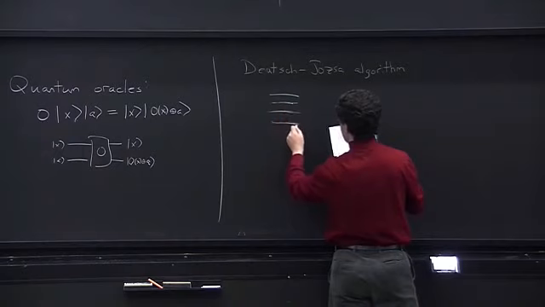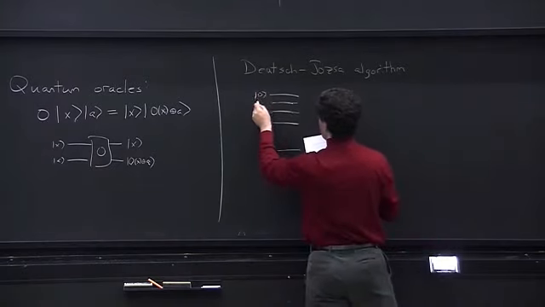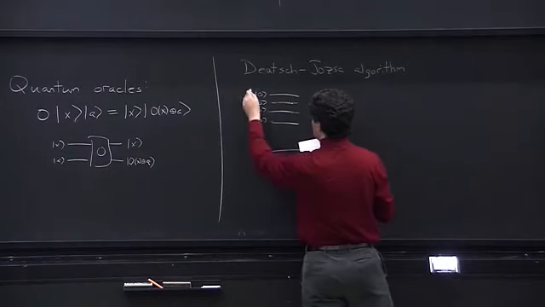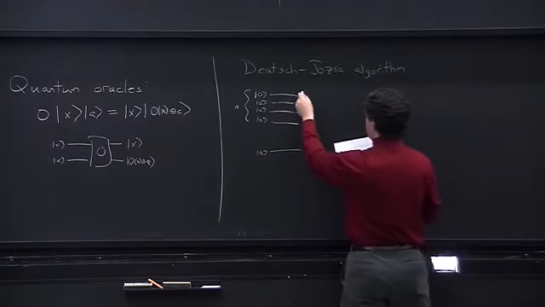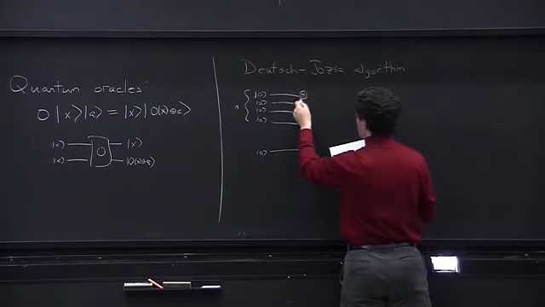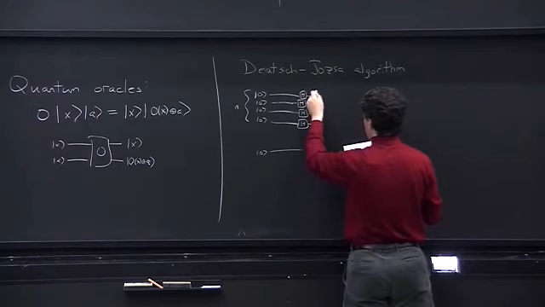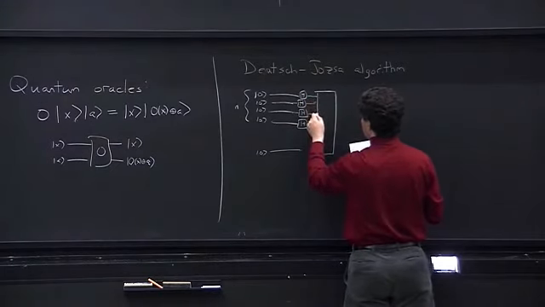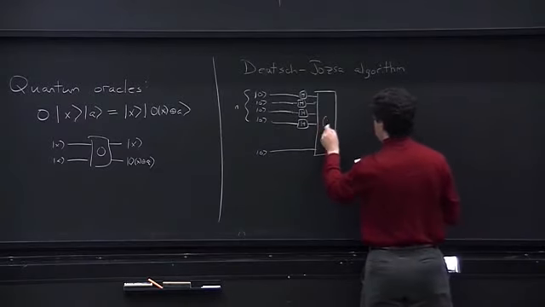So we're going to have n plus 1 qubits. These are n qubits, and this is 1 qubit. And the first thing we do is the Hadamard on these top n qubits. And then we do an oracle call. The oracle call is supposed to involve n plus 1 qubits, so that's where this extra one is coming in.